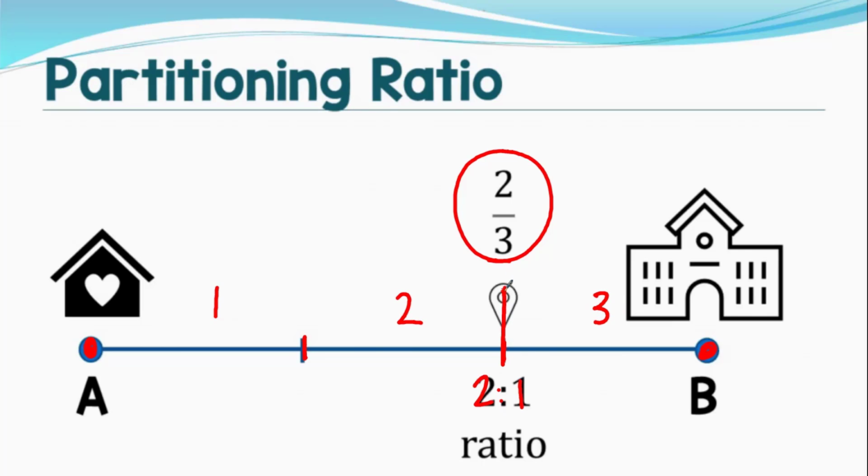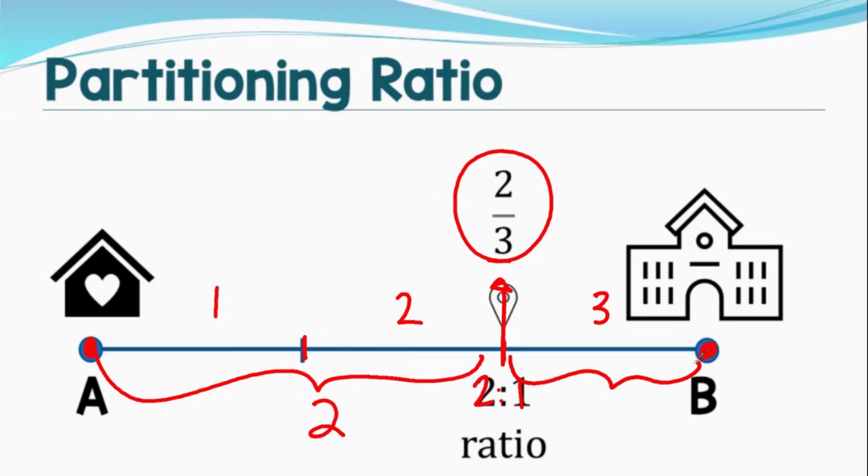This indicator here is 2/3 of the way, 2 out of 3. But you can also name that as a ratio, a 2-to-1 ratio. In other words, 2 parts here to 1 part here. So if you're talking about a ratio, you're talking about a 2-to-1 ratio. Or if you're talking about a distance, 2/3 of the way, 2 out of 3 parts to get you 2/3 of the way from your house to school.